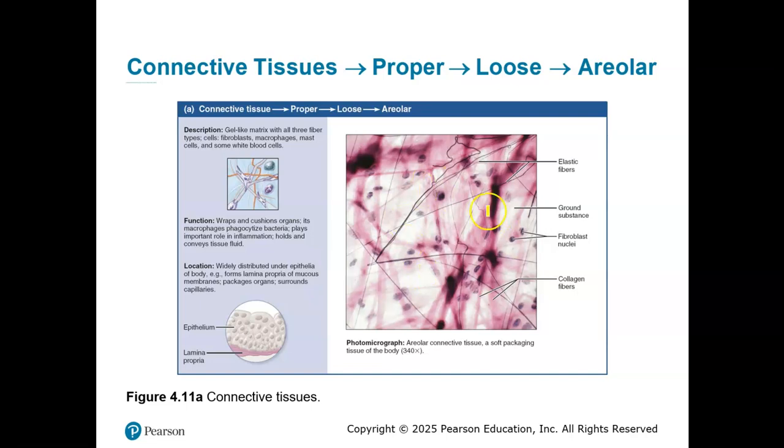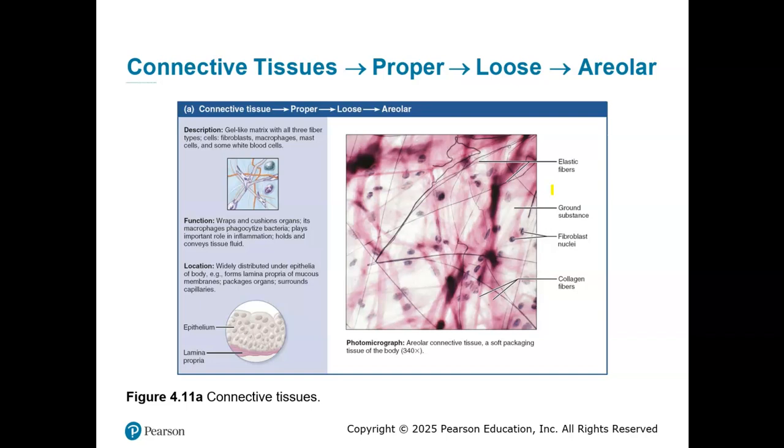Here's what it looks like under a microscope. It does have cells, but lots and lots of extracellular matrix. It contains all 3 protein fibers, collagen, elastic fibers, and reticular fibers.